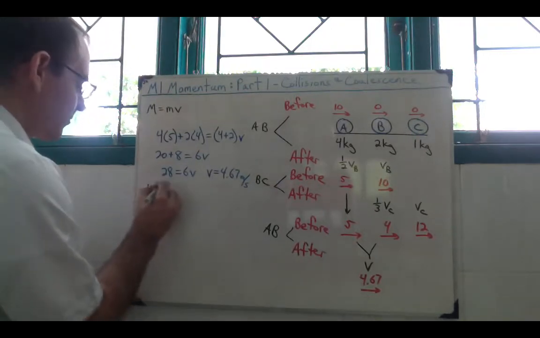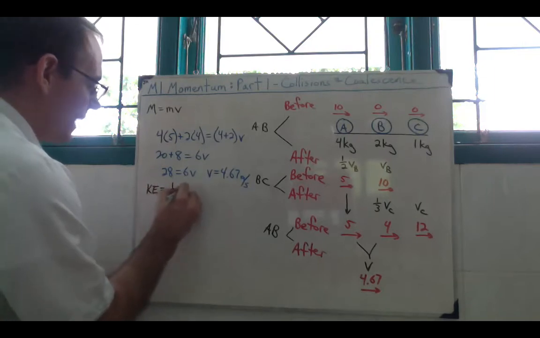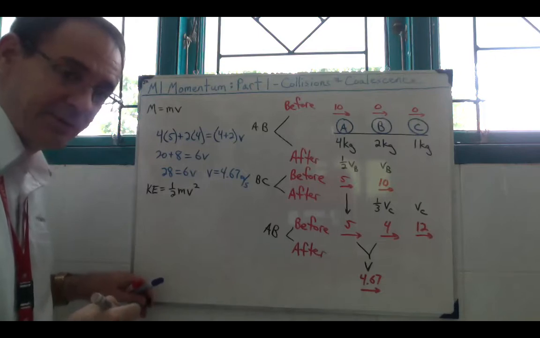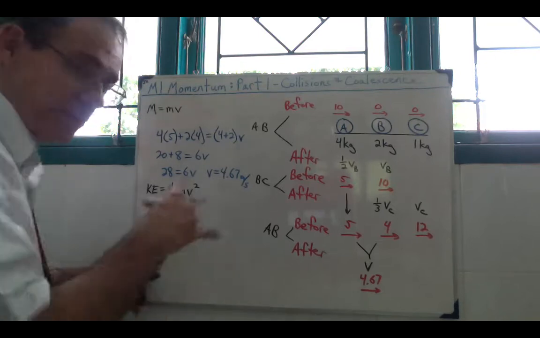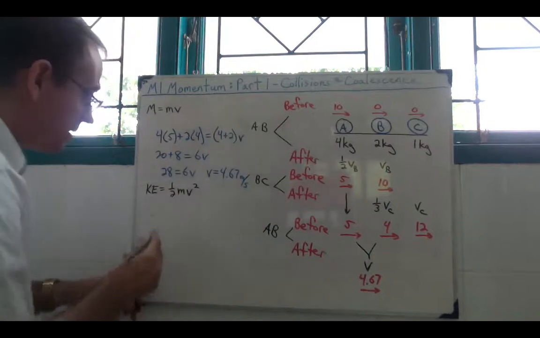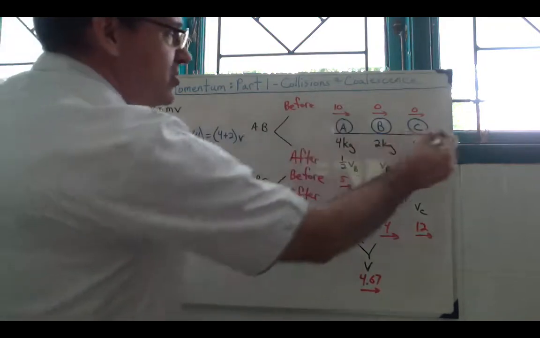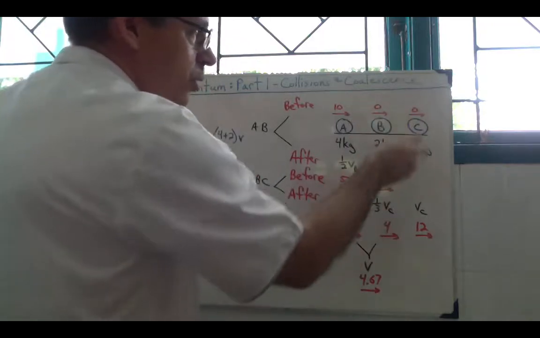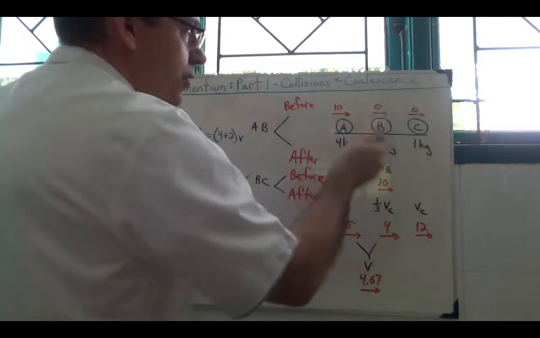is 1/2 mass times velocity squared. That's the formula for kinetic energy that we study in the last unit of mechanics. And so if we look at our starting point, this has 0. That's no kinetic energy here. No kinetic energy.